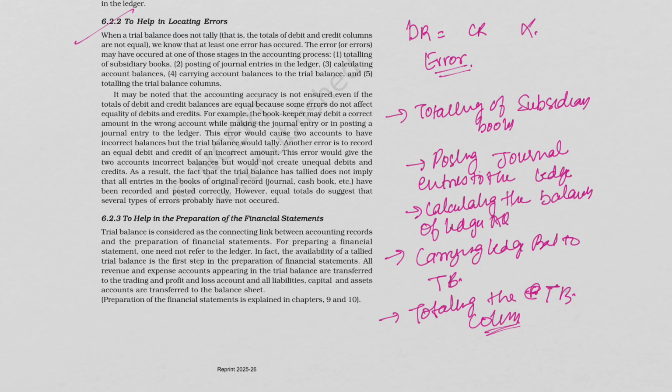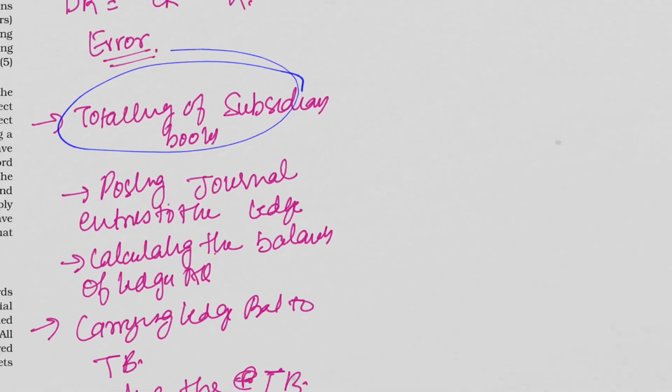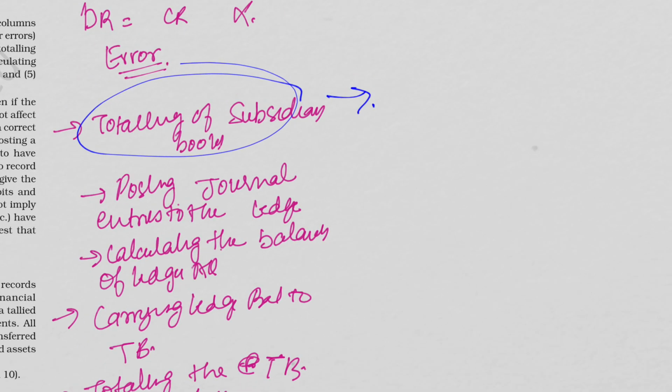First of all, we have error in totaling of the subsidiary books. Suppose the total of the sales book should be rupees 50,000, but the accountant totals it as rupees 55,000.